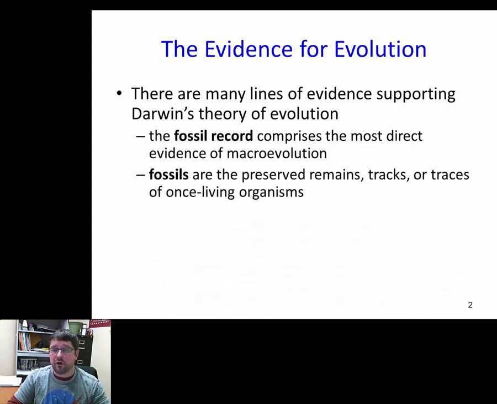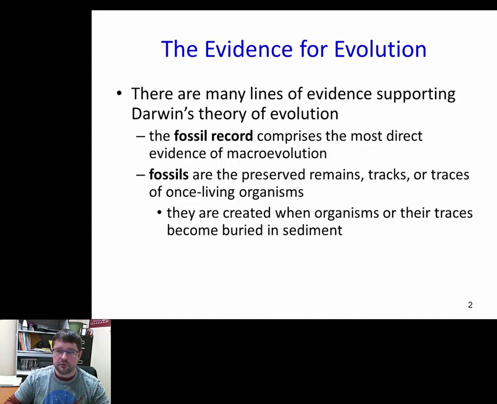But the evidence that was there were remains of organisms, bones, tracks, fecal material, these kinds of things that showed a great deal of diversity of organisms that once roamed the planet. And even far before Darwin's time, geologists knew how fossils were created.